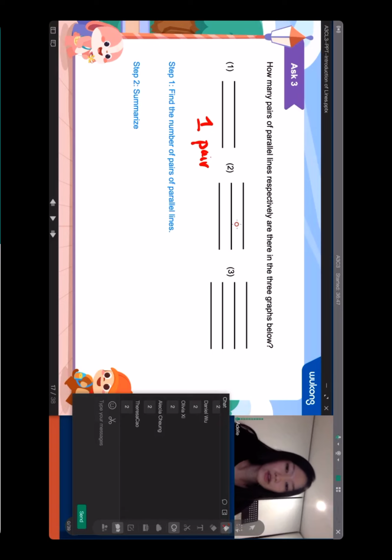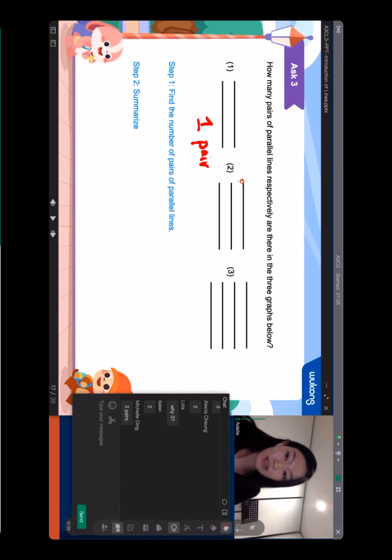What about in question 2? How many pairs can you see? So I see. Yeah. So let's draw it out, okay? So we could have this line and the second line, okay? Or actually, you know what? I'll do something better.